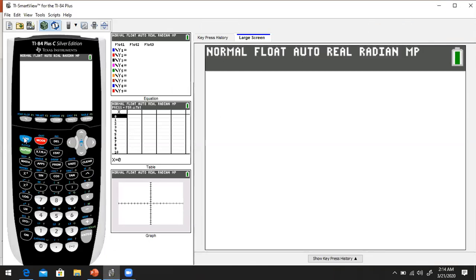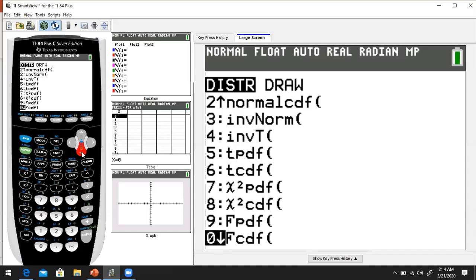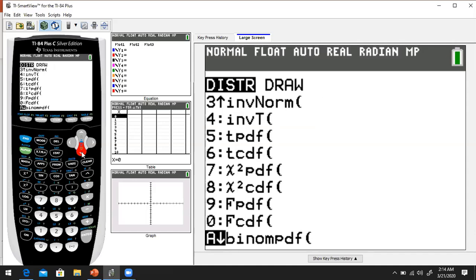So we're going to press second vars. The reason why we're choosing second vars is because on the top of vars, you see that it says distribution. So we're going to look for binomial PDF. We're going to select that one.